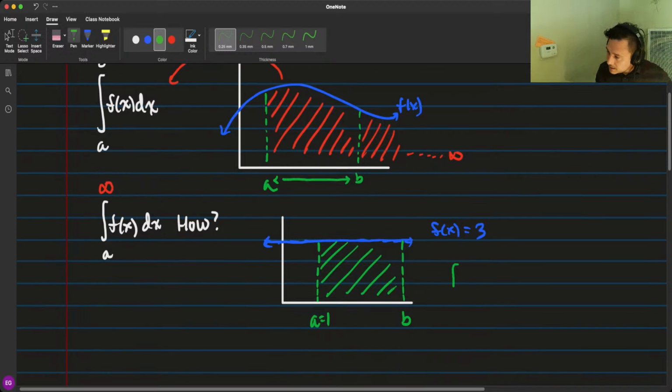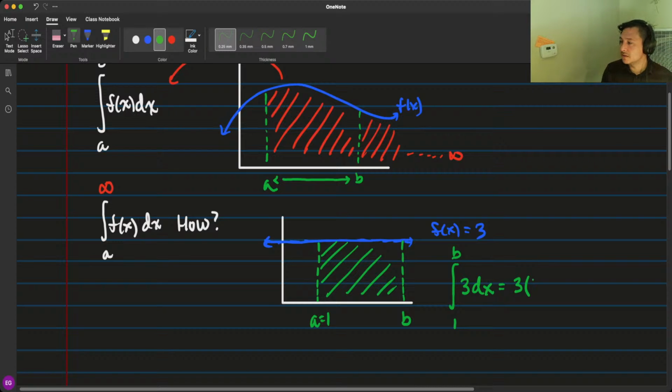So if you are integrating from 1 to b of this function, which is just 3, what do you know that the area of this is going to be? We know that the height of this thing is 3, and then what's the width of this rectangle going to be?